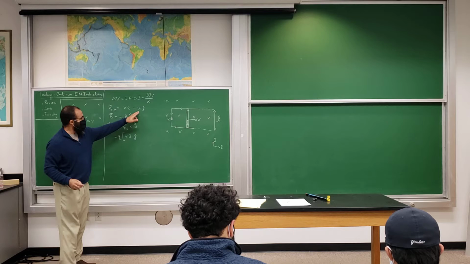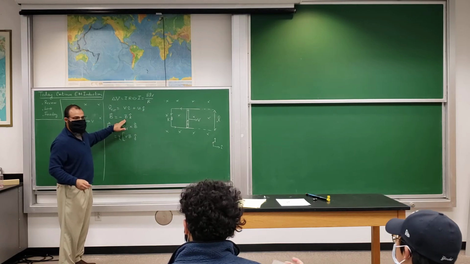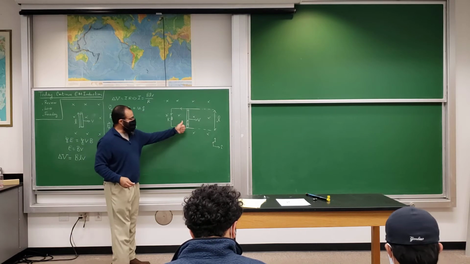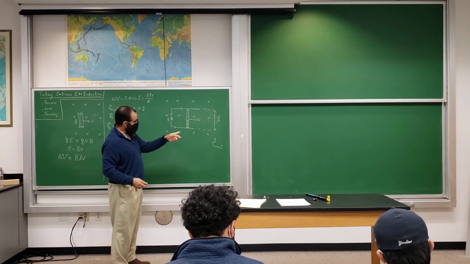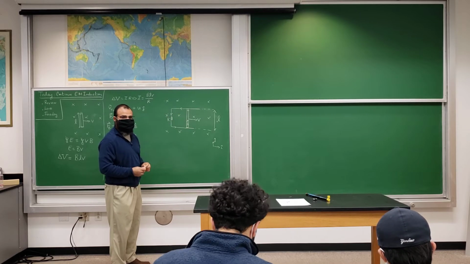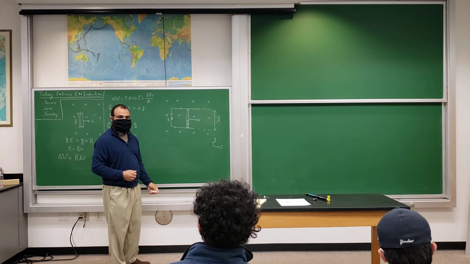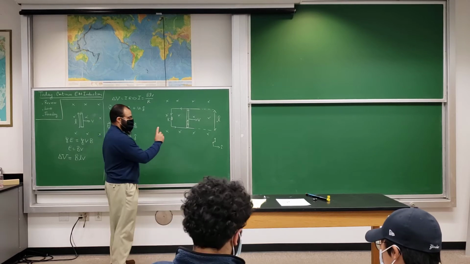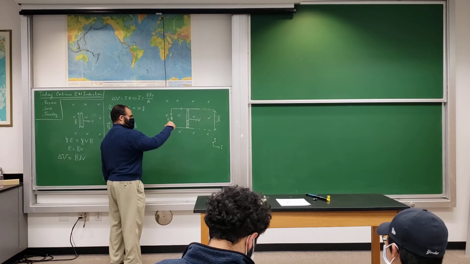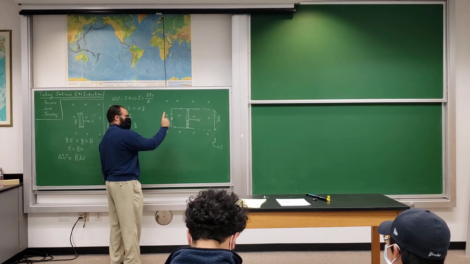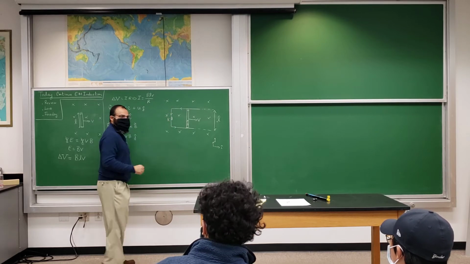Let's look at this one. J hat crossed with minus K hat. J hat is up, minus K hat is in. So in what direction is the cross product? You've got a vector this way, a vector this way. I want to take the cross product of this vector crossed with this vector.